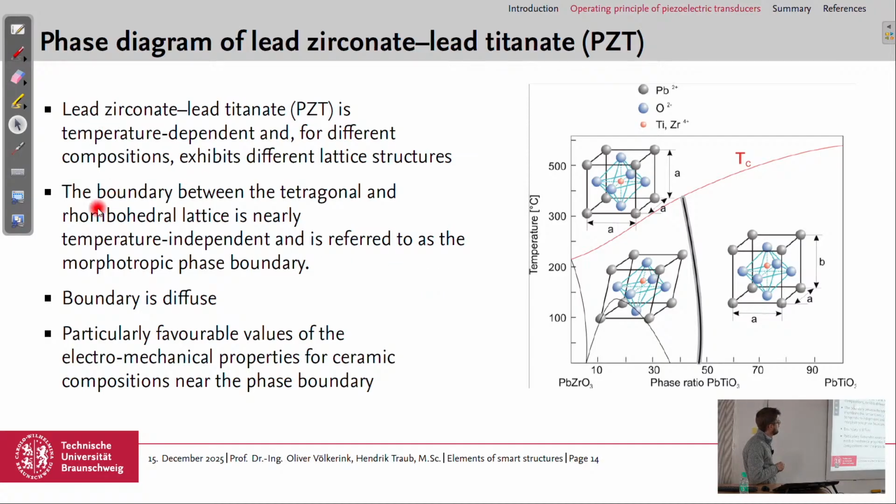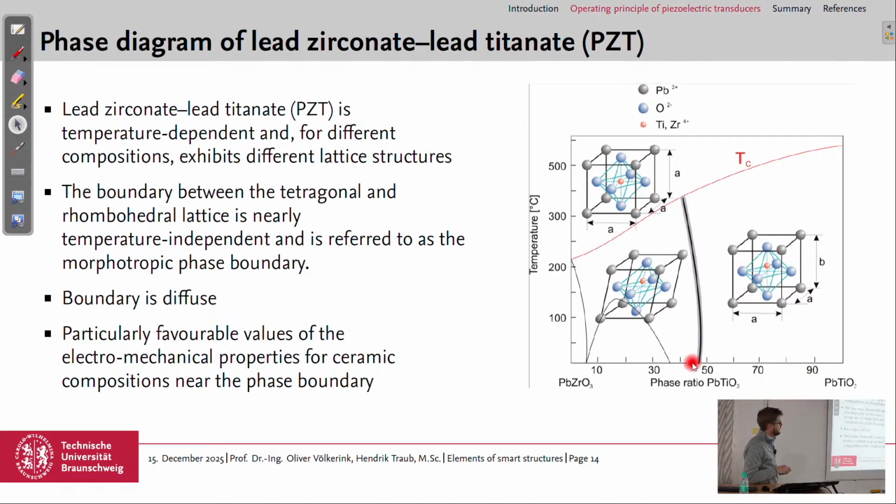So we have lead zirconate and lead titanate and a mixture of both. At this morphotropic boundary, we have a composition of nearly 50% lead zirconate and 50% lead titanate.